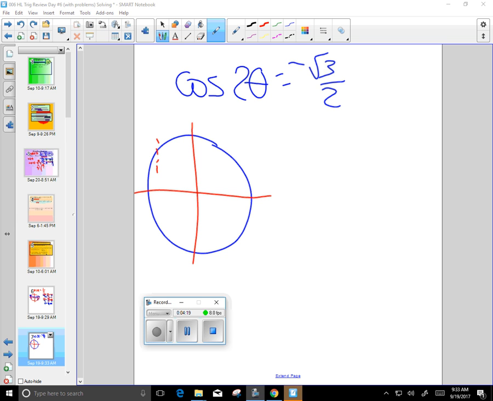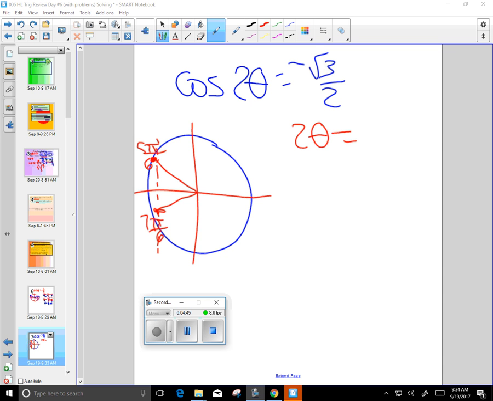It's going to be way out here. It's going to be here pretty much and here pretty much. These are the 2 values. So 2 theta is going to be equal to what? What would this one be? There's 5 pi over 6 again, and this one, 7 pi over 6. Good. Or you could say negative 5 pi over 6, but let's stick with this.